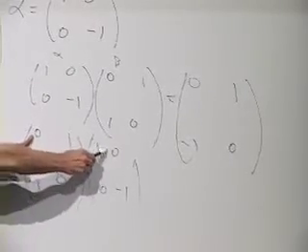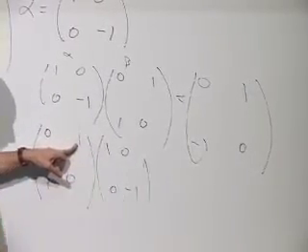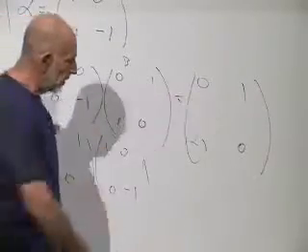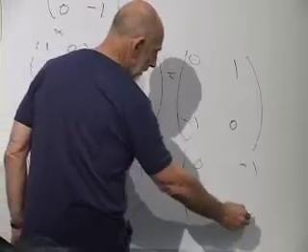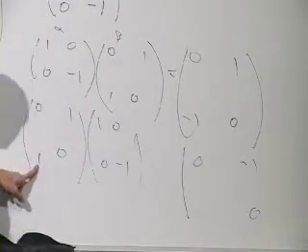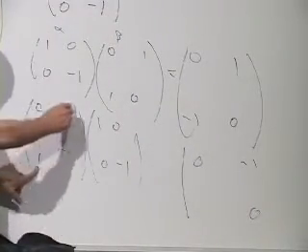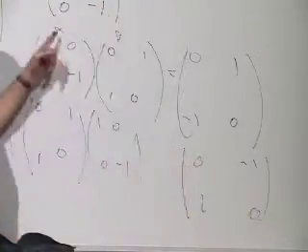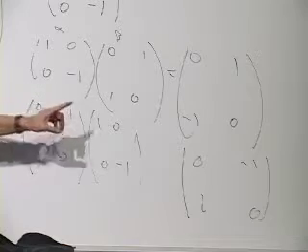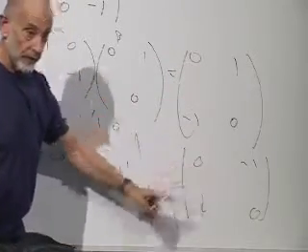That's 0 times 0, 1 times minus 1. So whatever it is, we get a minus 1 here, a 0, and a 1 down here. So alpha beta is the negative of beta alpha. This is the negative of this.